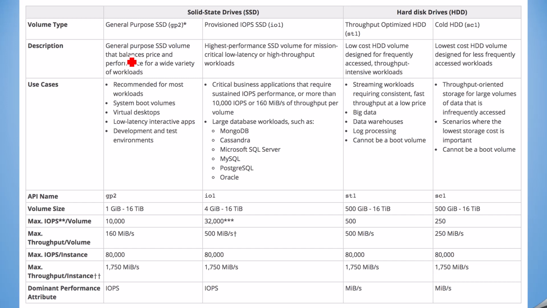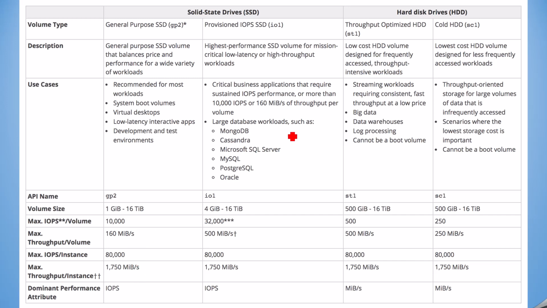So why do we have multiple kinds of storage options provided by AWS? It has been described here that it depends upon your use case. If the use case is saying that you need OLTP purpose, so read and write consistency, then use the Provisioned IOPS, where the IOPS is around 80,000, and for the general purpose also 80,000 here.